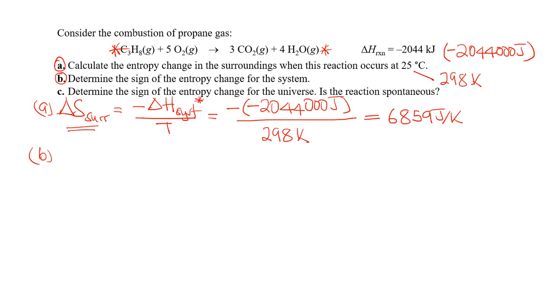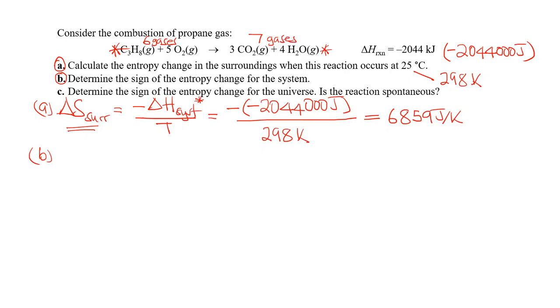So let's count the number of gas molecules. We have 6 gas molecules on the reactant side. So we have 6 gases here. On this side, 4, 7. And we have 7 gases on this side.